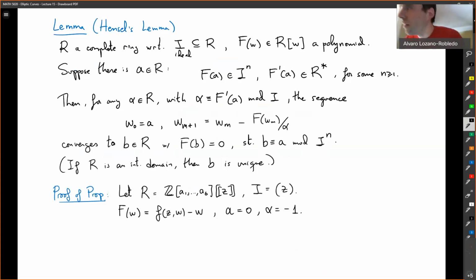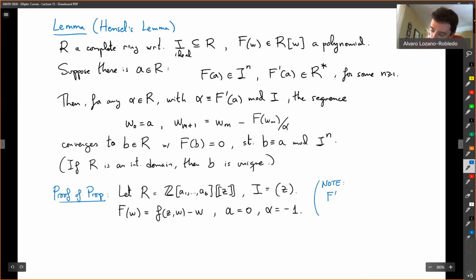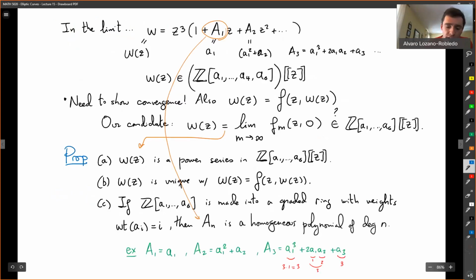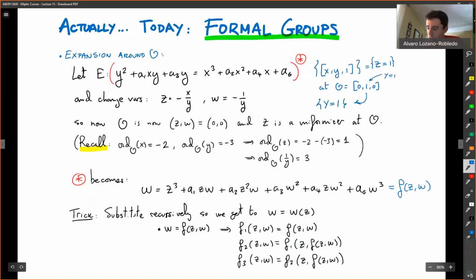So note that f prime of 0, so if I take the derivative, this is a polynomial with respect to w. So if we go back to the definition of fzw, which is here, this part here is the polynomial fzw.